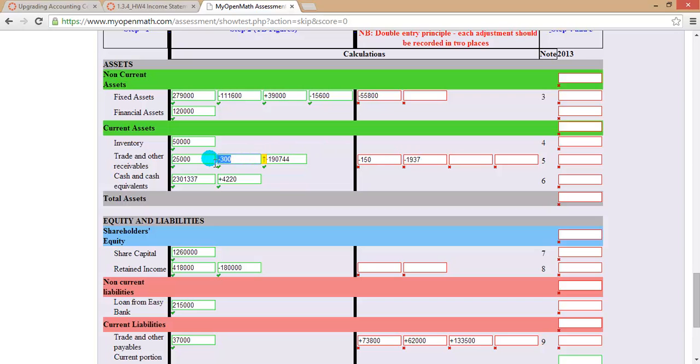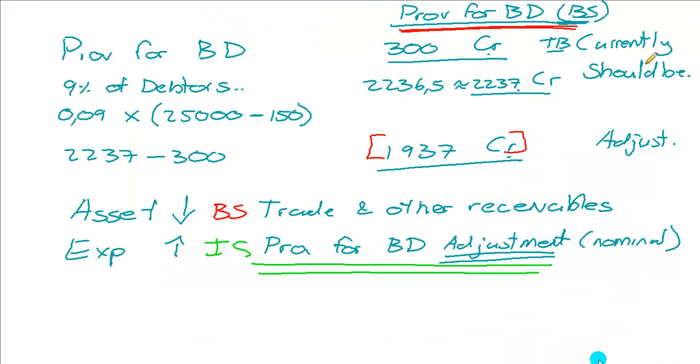Remember, we started off with our 300 Rand provision for bad debts. Now we're adding the extra 1937, and that is going to get us to our actual provision for bad debts, or what the actual provision for bad debts balance should have been. Right, that is the true picture of the amount of money that we think we will not actually successfully recover. Okay.